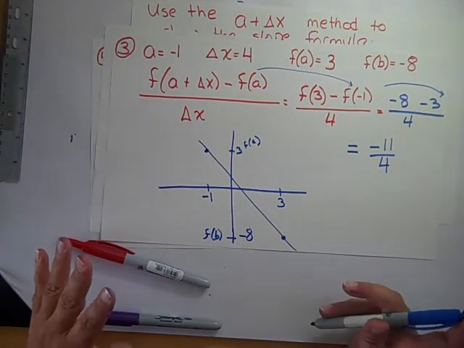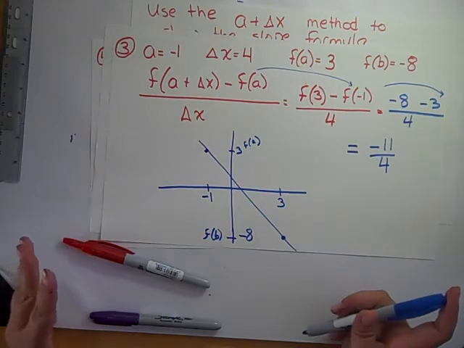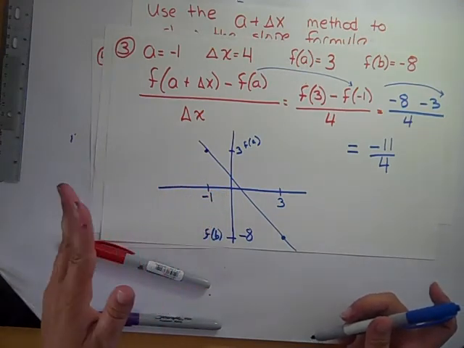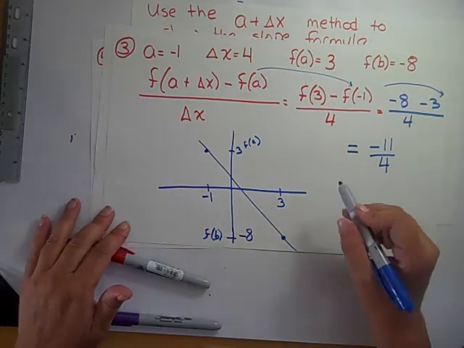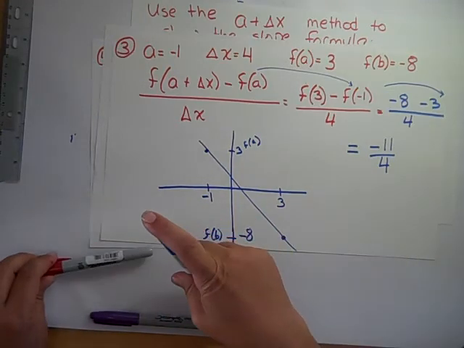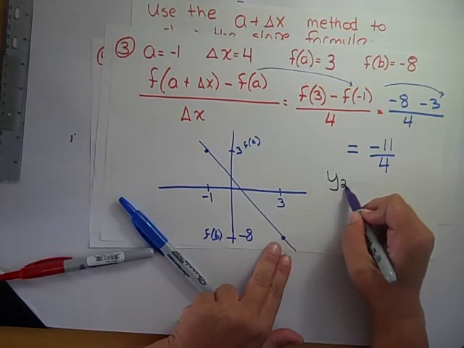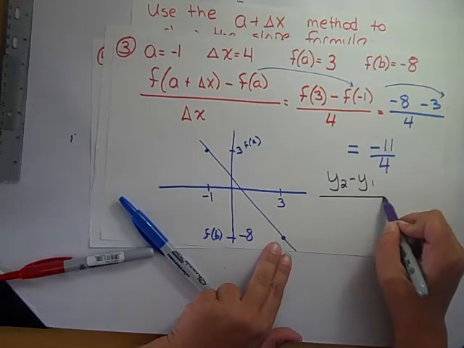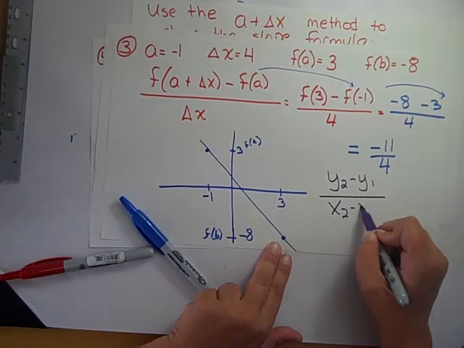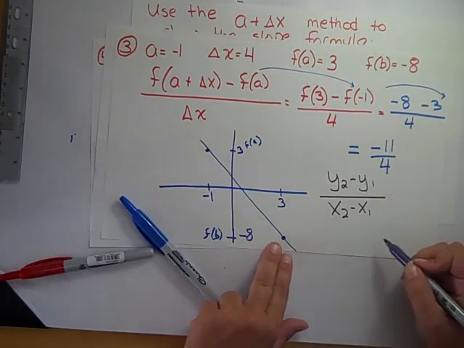Okay, this is a good time to stop and remember that all we did was we just found the slope. Right? So if we back up a step and we say y2 minus y1 over x2 minus x1, we get the same thing.